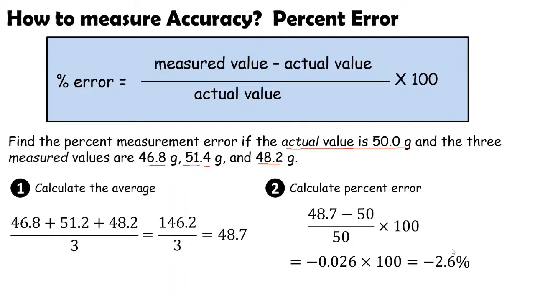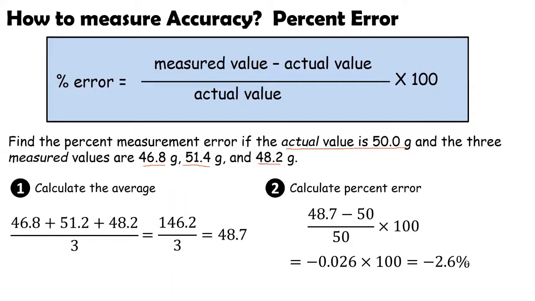Now, why the negative? Well, it's negative because our average measured value was below or less than the actual value. So the negative just kind of tells us which side of the actual value we're on. If it came out to be positive, we'd have a value that's above the actual value or greater than. Okay.